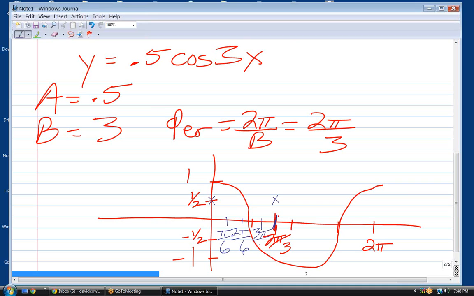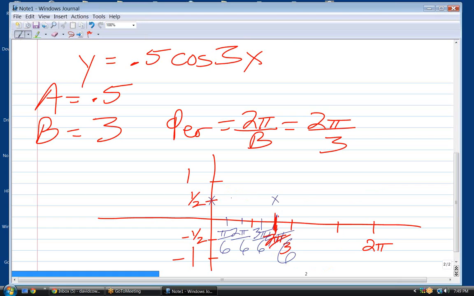So that's just pi over 3. Yeah, let's leave it in sixths for the moment, merely because it's a little easier to understand if I don't simplify it. In other words, this would be 4 pi over 6, right? So the 4 quarter points are 1 pi over 6, 2 pi over 6, 3 pi over 6, and 4 pi over 6. And they're important because I'm going to draw the curve now.